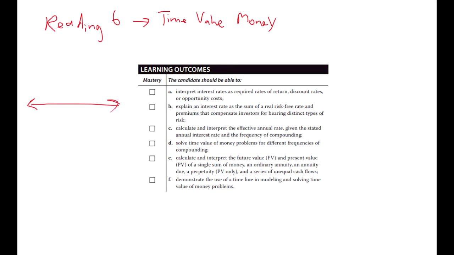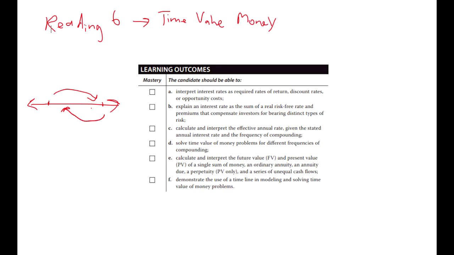So you either need to be able to compound some amount of money today into a value in the future, or take some amount in the future that you may receive, such as from an investment, and discount it back into a value today. Because $100 today is not going to be worth $100 at some time in the future, let's say 10 years. It's going to be worth less.